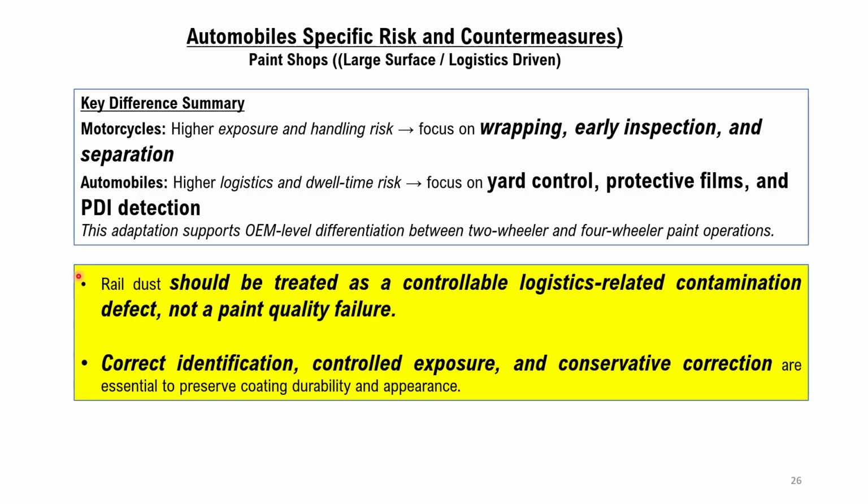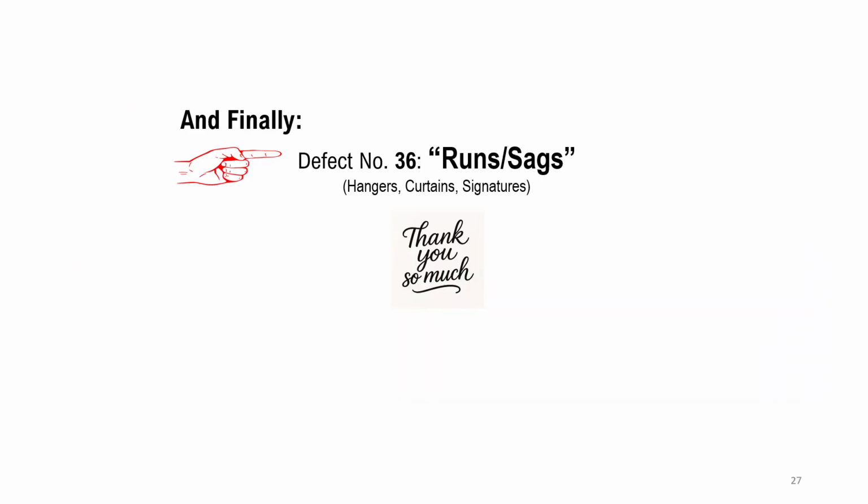Rail dust should be treated as a controllable logistics-related contamination defect, not a paint quality failure. This is another opinion. Correct identification, controlled exposure, and conservative correction are essential to preserve coating durability and appearance.